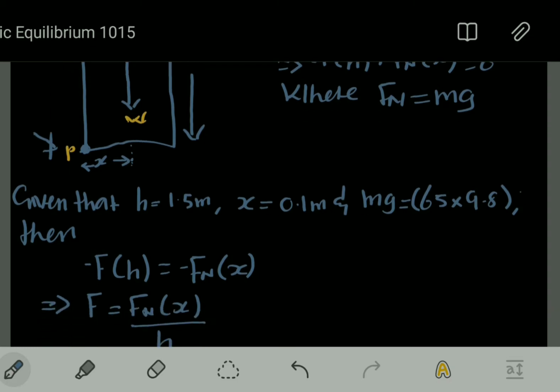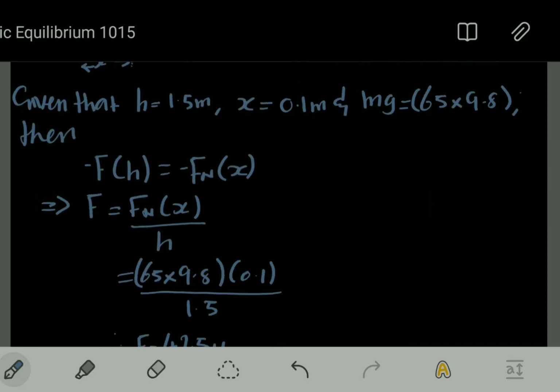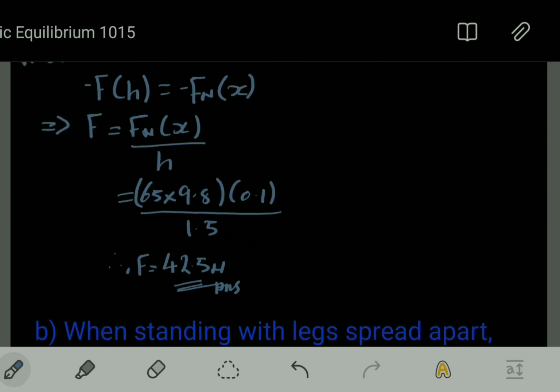So we take the sum of the torques, which is equal to 0. We'll have F, which is perpendicular to H, being equal to the normal force perpendicular to the distance x, from which we can obtain the value of F as 42.5 newtons.